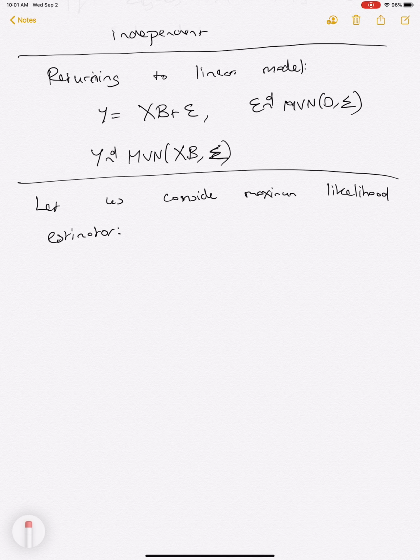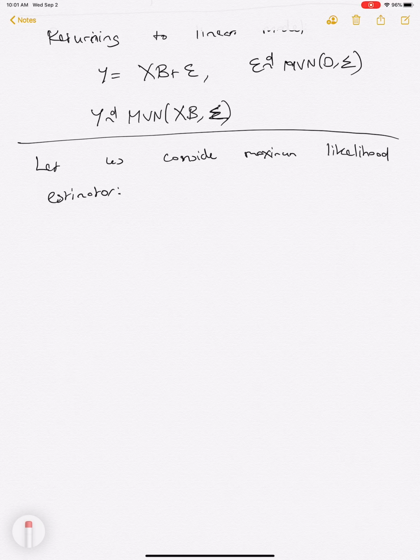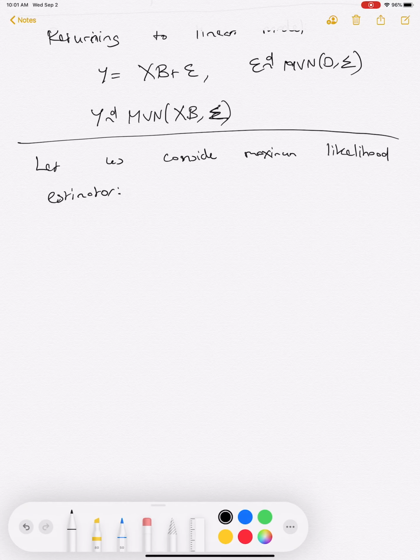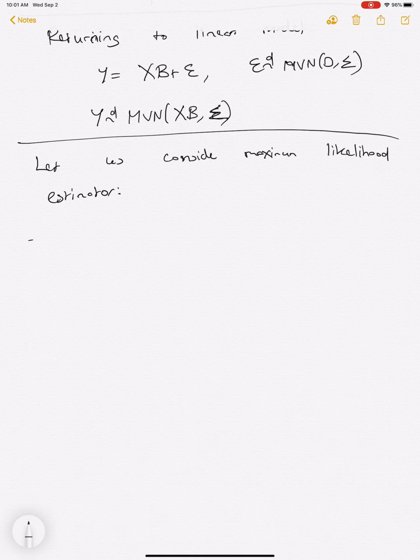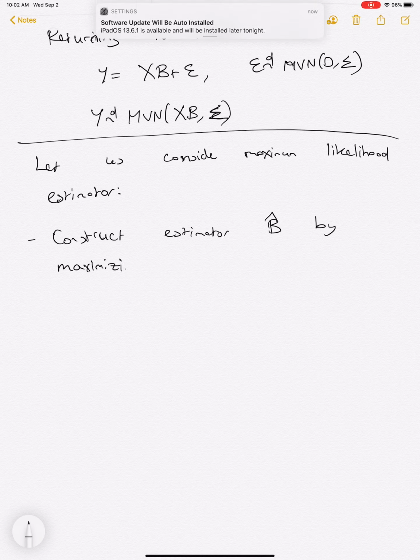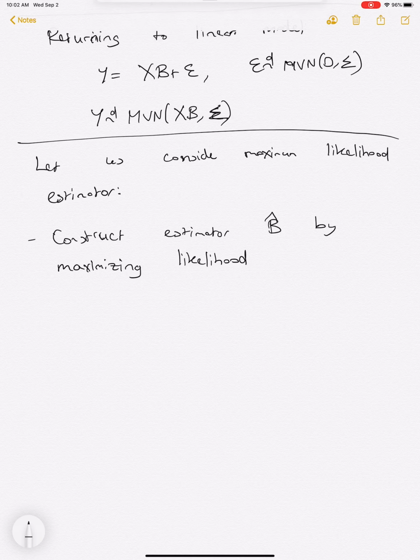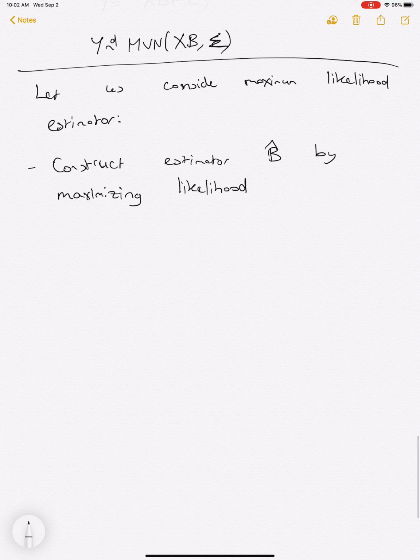What that involves is that we're going to try to maximize the likelihood.